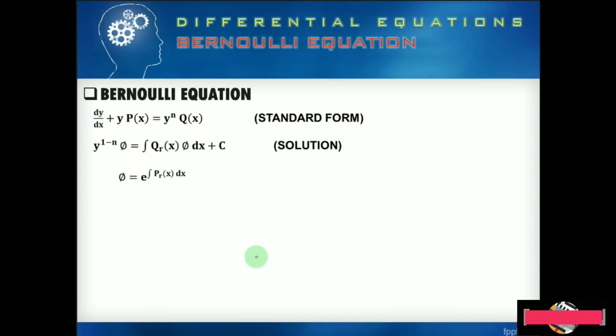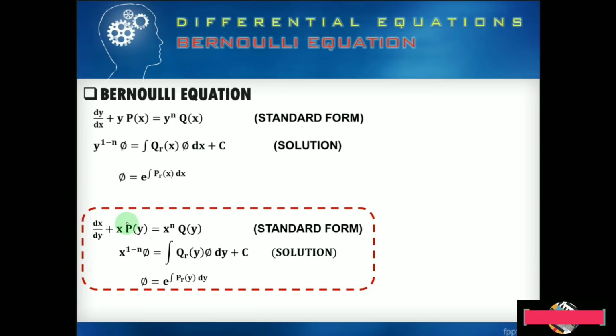So in our problem now, we will use another standard form, which is not dy over dx but dx over dy, plus x times p as a function of y is equal to x raised to the n times q as a function of y. The solution here is x raised to the power of 1 minus n times phi is equal to the integral of q as a function of y times phi dy plus c.